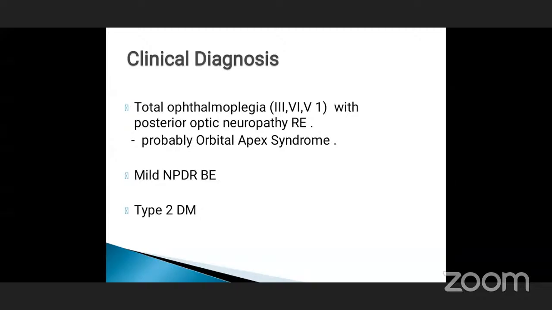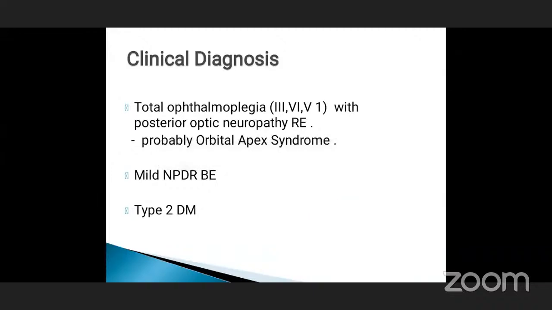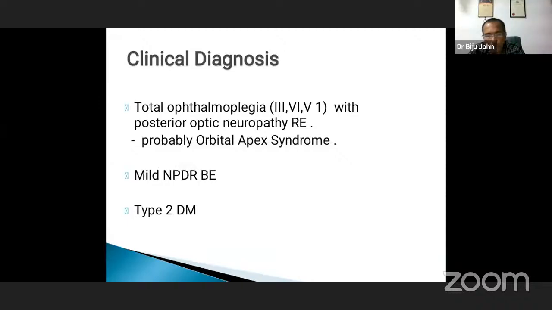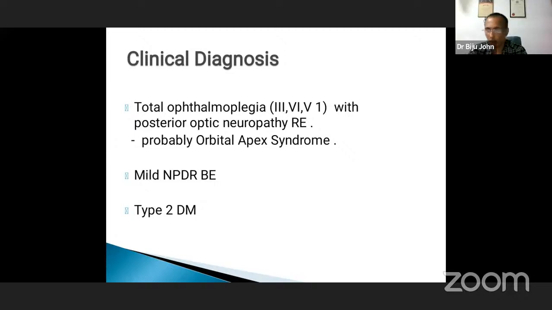Okay, Vishnu. Regarding that 5-1 part, I didn't hear what I mentioned about the corneal sensation and all. I think I must have missed that. Corneal sensation is decreased. Okay, so that is mentioned.